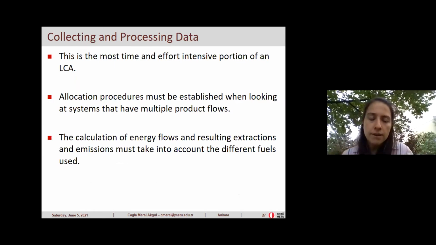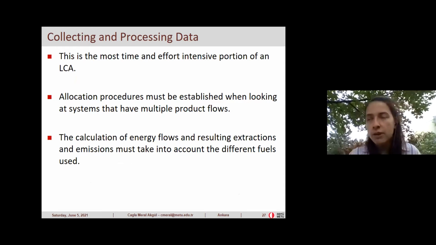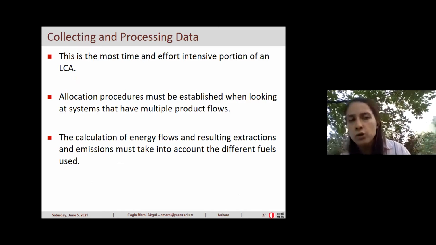And we need to collect data now. We had our goal, we had our scope, we drew our system boundary, and now we need to collect data. This stage is the most time and effort intensive portion. And we need to check allocation procedures. Are we going to allocate the emissions according to economic value?